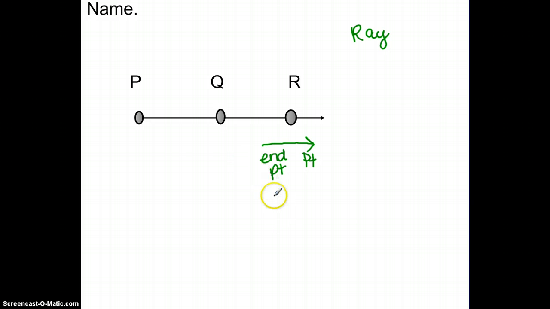The end point is P here, so I know it has to start with P, and I have to name some other point that's on this line. So I could do PQ, or I could do PR. End point must come first. The ray must point in this direction, so you have to make sure that you start with the end point.